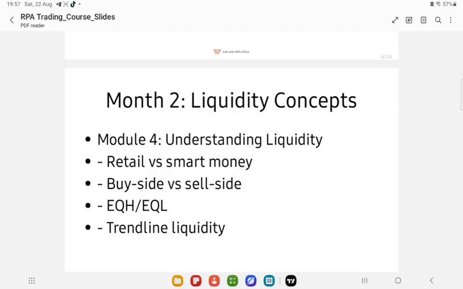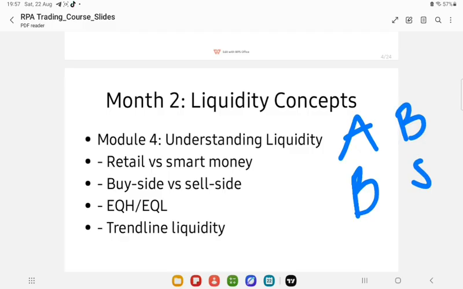Now, think of it this way. We have several traders. Trader A bought gold, for instance. Trader B sold gold, for instance. Now, let's say in the same chart, the market is going upward.